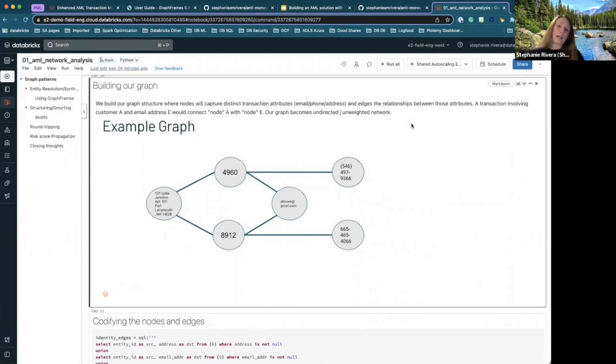The attributes are not connected to each other. Edges only go between people and their attributes. So you can see how they connect together, and what kind of a component would be created based off of identities that are sharing different attributes.